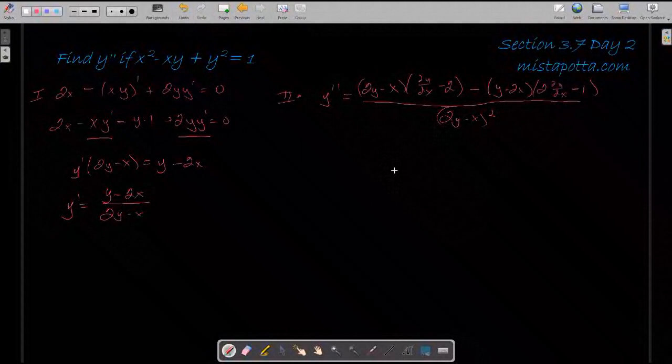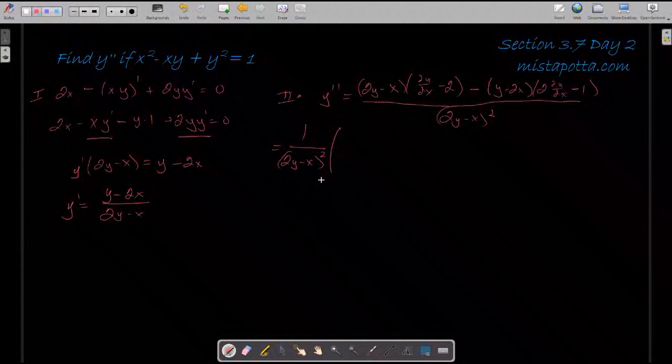And as we did before, I'm going to write this as 1 over 2y minus x squared. So I can deal with the fraction within a fraction that occurs when I have this dy dx term.